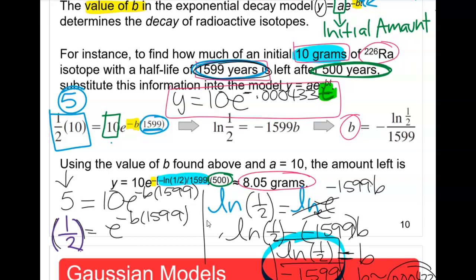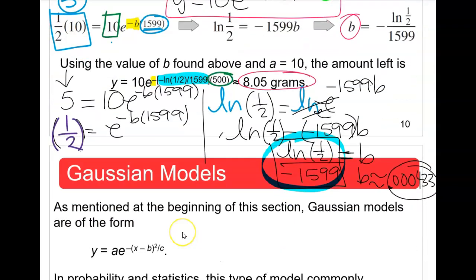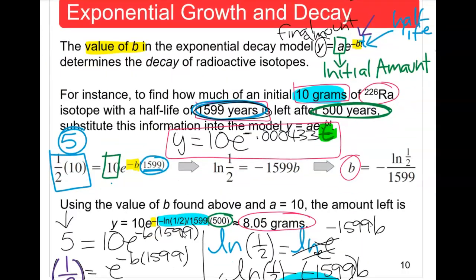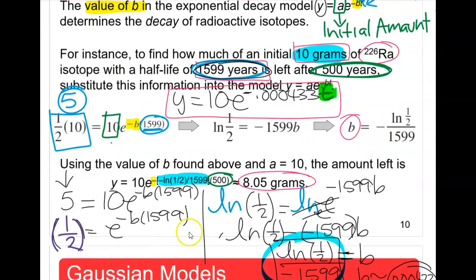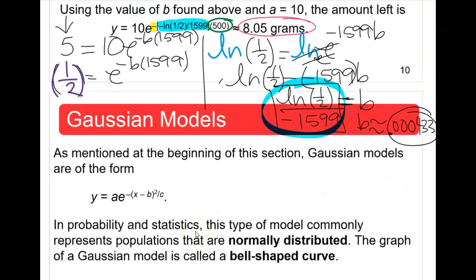So not even half, like 20% less in 500 years. And that was radium, yes. Okay, so in chemistry, this is a very common topic, half-life. So if you take chemistry, you will definitely be using the equation.